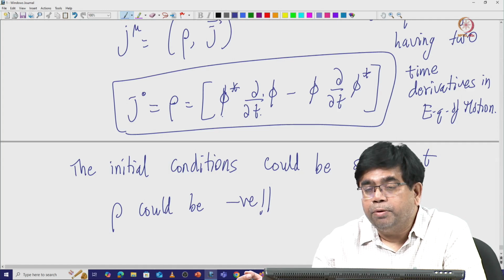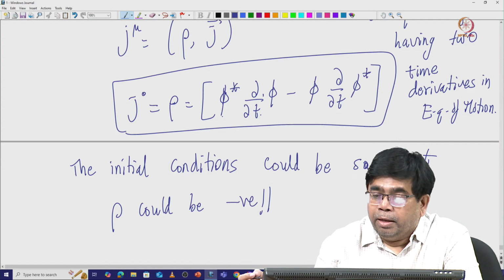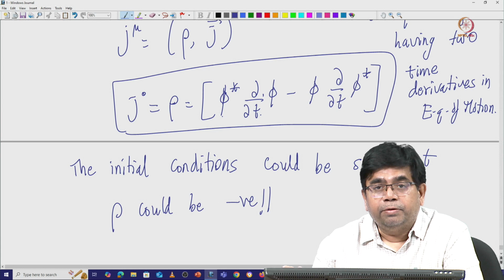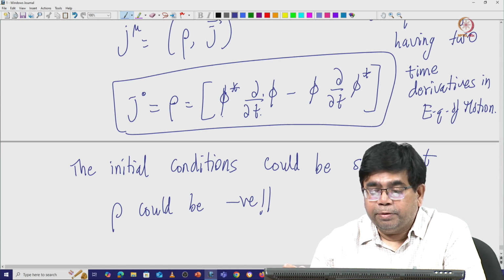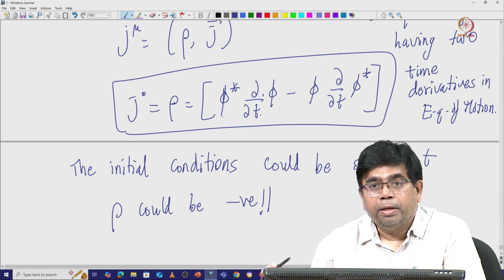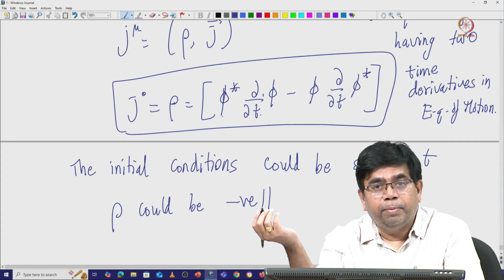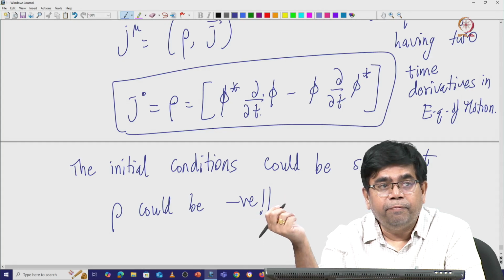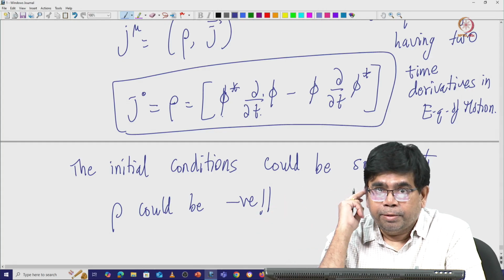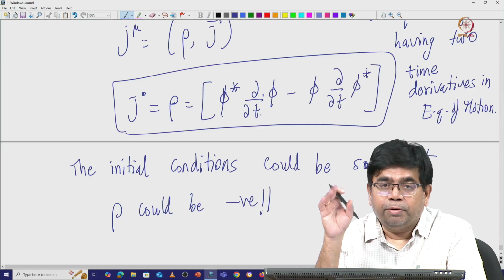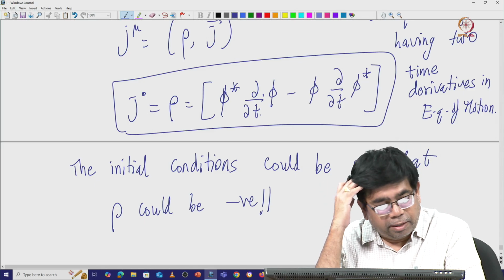Now this can lead to negative values. You can easily see that it can lead to negative values for rho. Now how will you interpret a probability density with negative values? But it gives you a clue. I'll tell you why it gives you a clue.